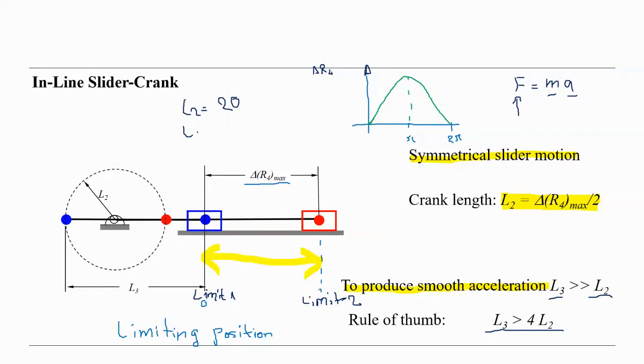And then L3 could be 4 times, it comes from the experience, so that means 80 millimeters. So if you have 80 millimeters here, and here 20 millimeters, that means you have 100 millimeters.